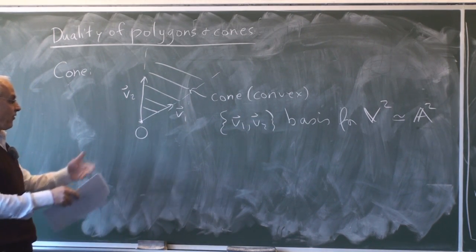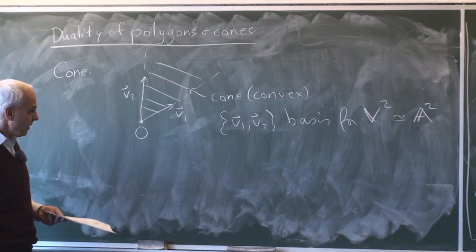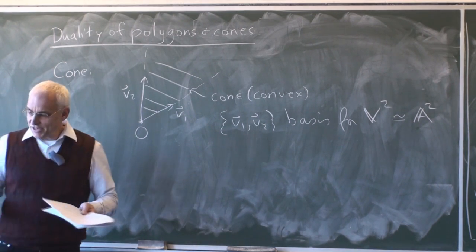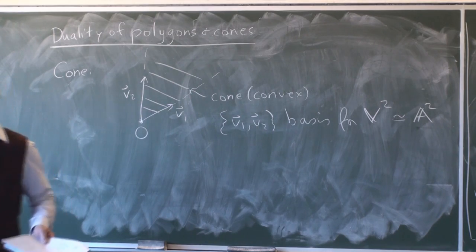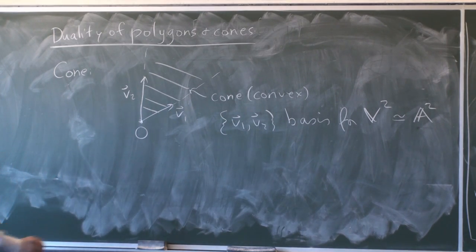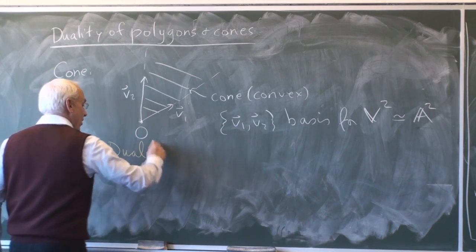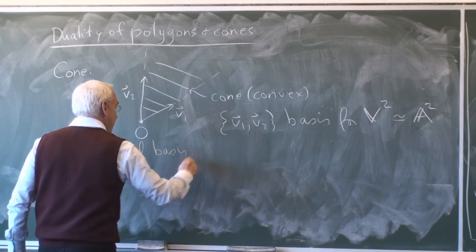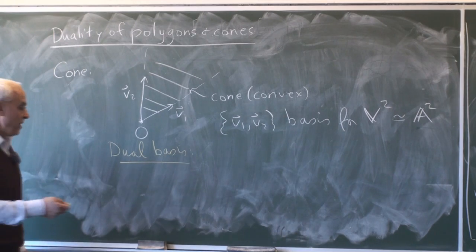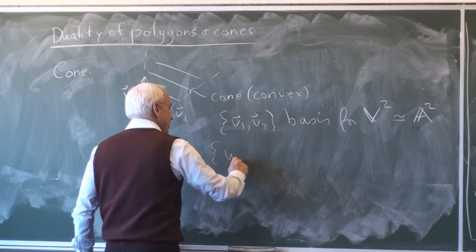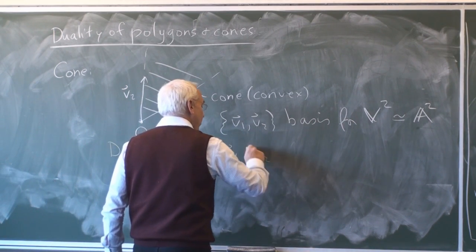So we can talk about vectors and bases. And now there's an interesting notion of a dual cone. So first of all, the dual basis is another pair of vectors, W1 and W2.